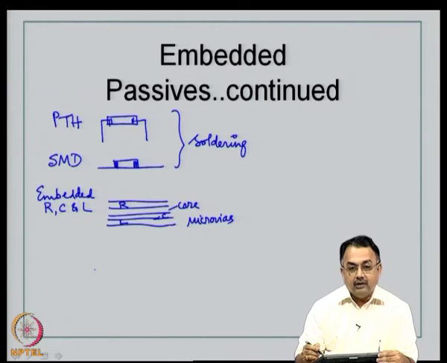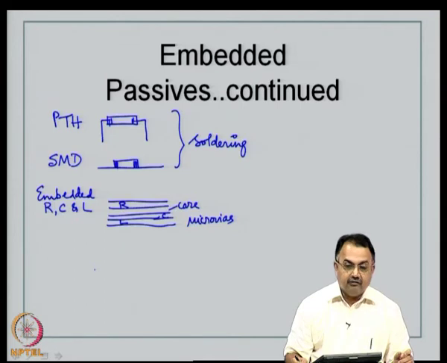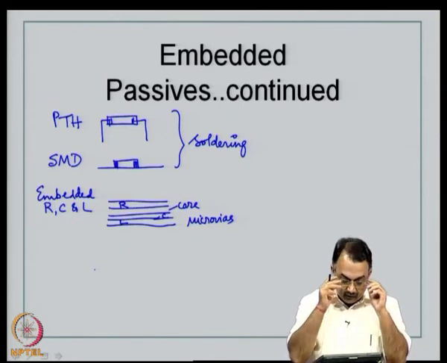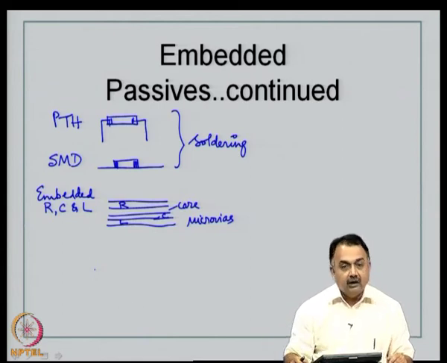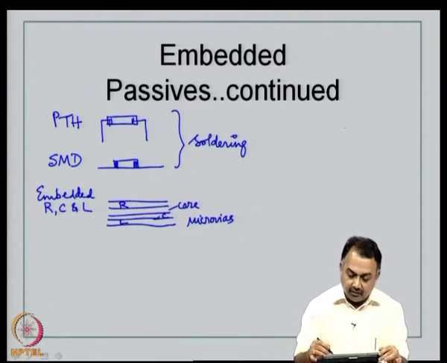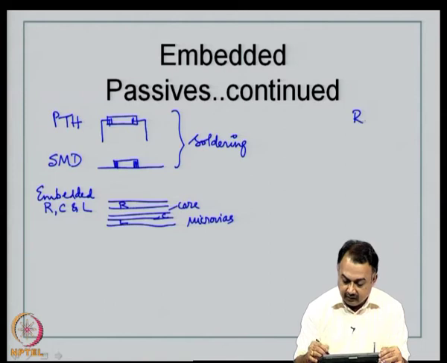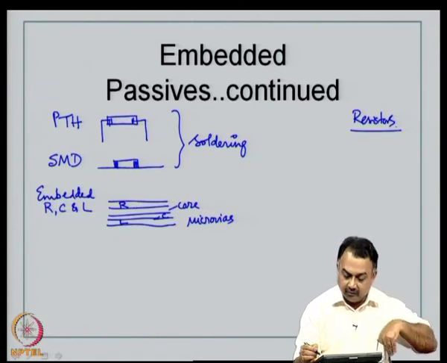So, the key to this technology is what kind of geometries or feature sizes you can work with in embedded resistors, capacitors and inductors, and how they can improve the fabrication of high density, high performance system level printed wiring boards. Then we talked about embedded resistors, and we have seen the key issues for working with embedded resistors.